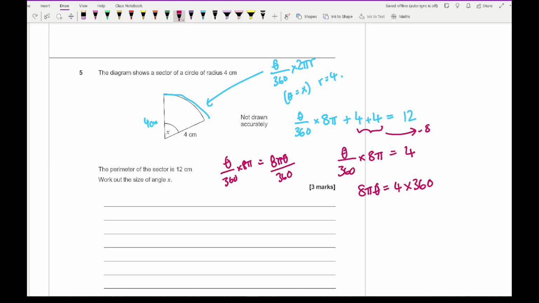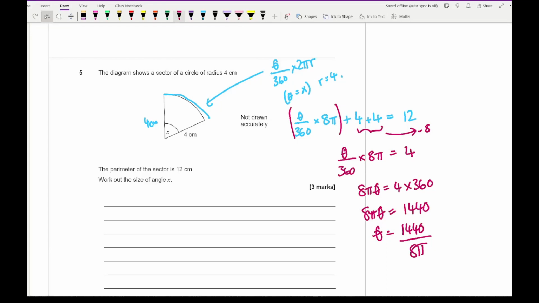So from this, to work it out, we've got 720, 1440. So then we've got 8 pi theta equals 1440, and then theta equals 1440 divided by 8 pi.